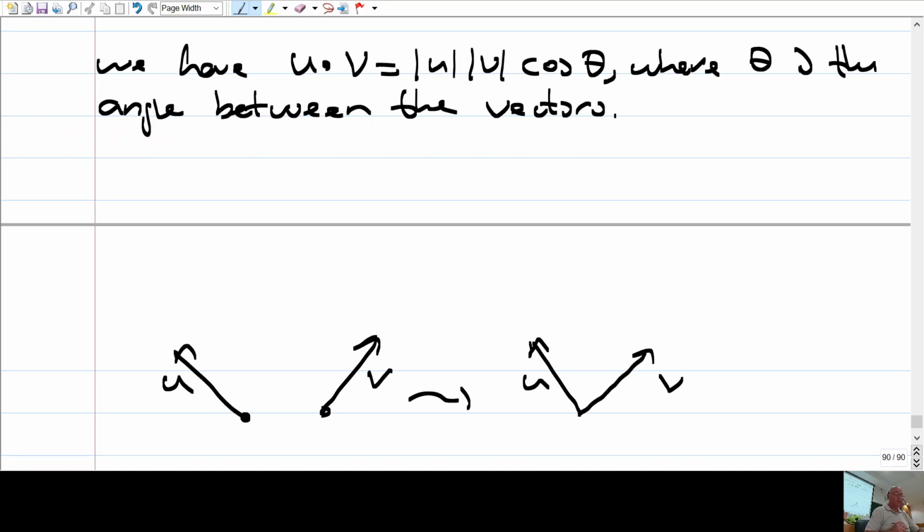They are regarded the same. And then I look at this angle. Actually, you can also look at this angle, which is pi minus theta. And note that cosine of pi minus theta is the same as cosine theta up to sign, so it doesn't matter which angle you take, okay? You can take either angle.